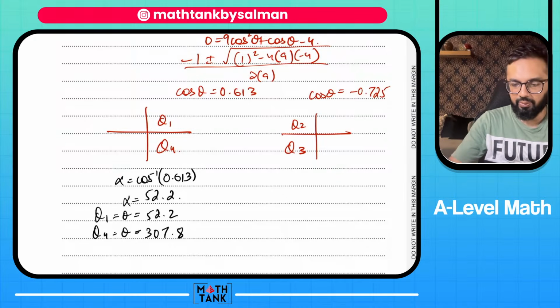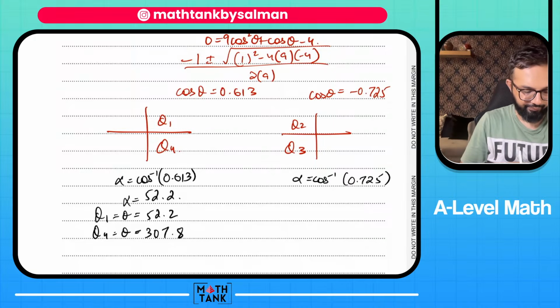Okay, for that one, cos inverse of 0.725 gives 43.5.